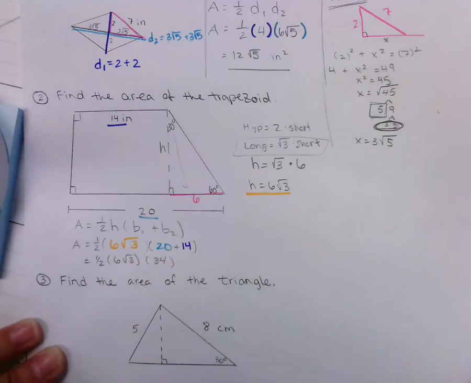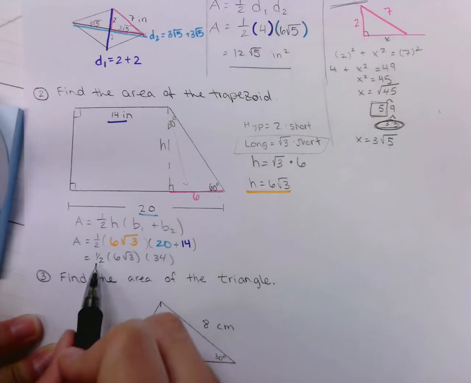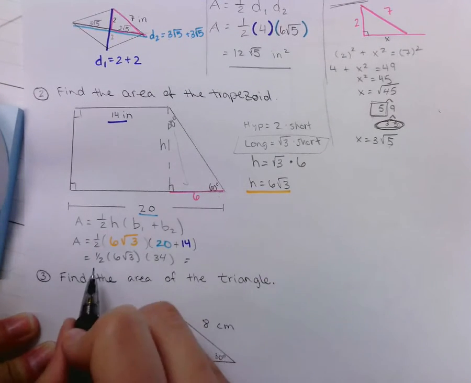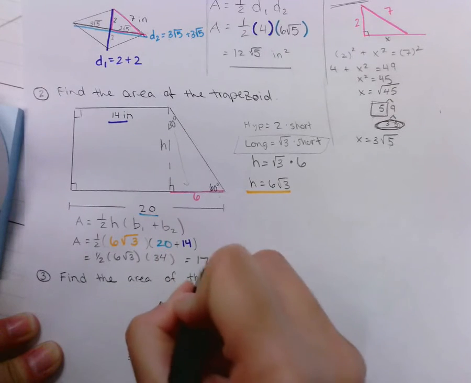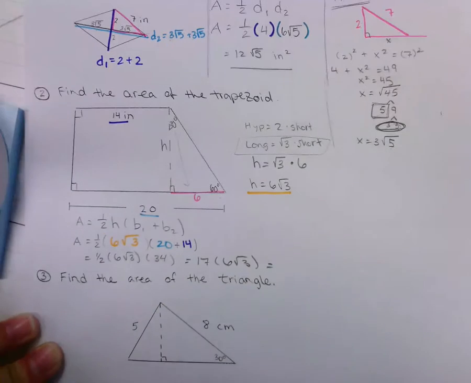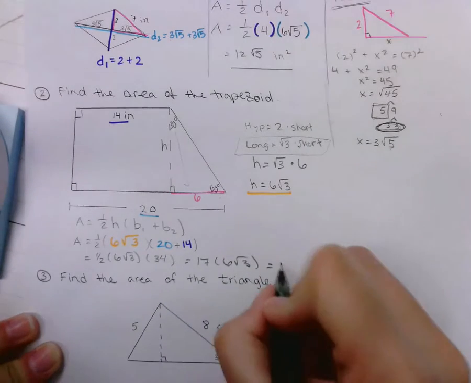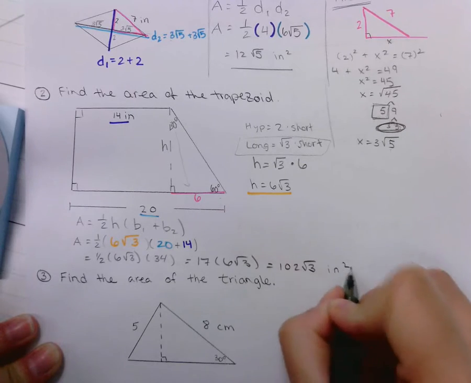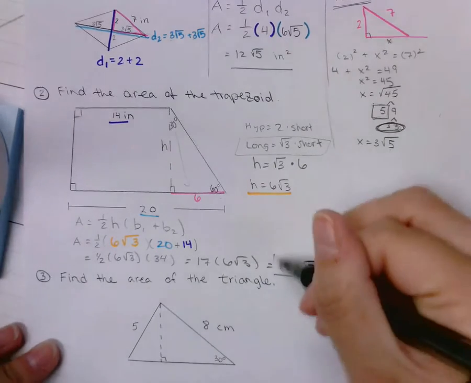So then you can take half of 6 or half of 34, whatever. Let's do half of 34. Half of 34 is 17 times 6√3. So 102√3, and this is going to be square inches.